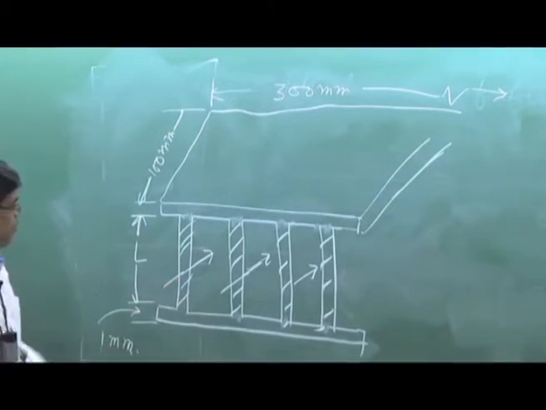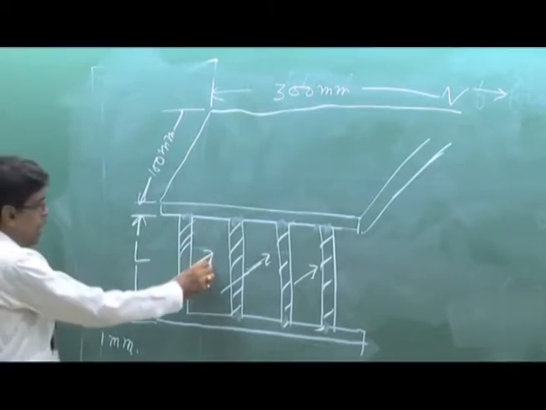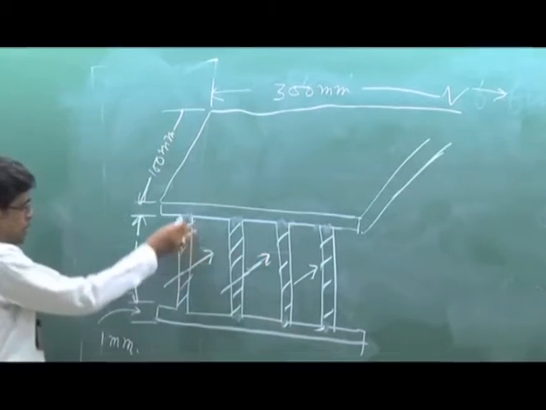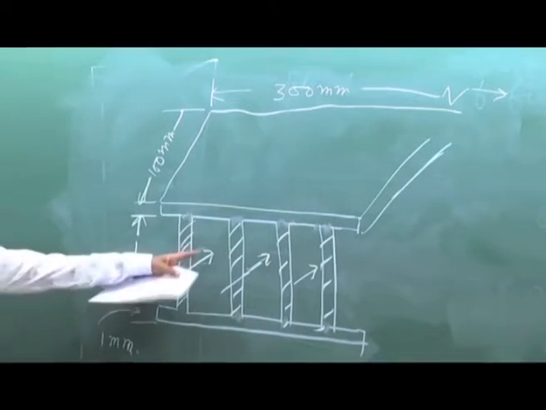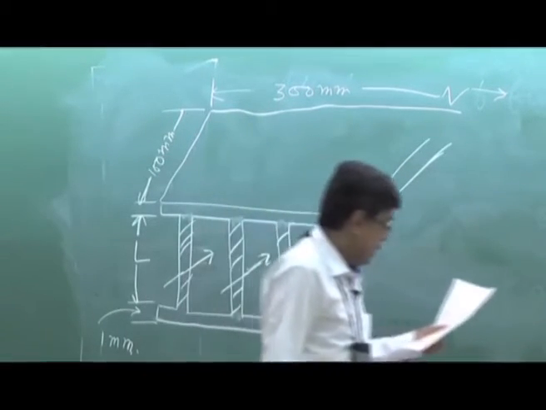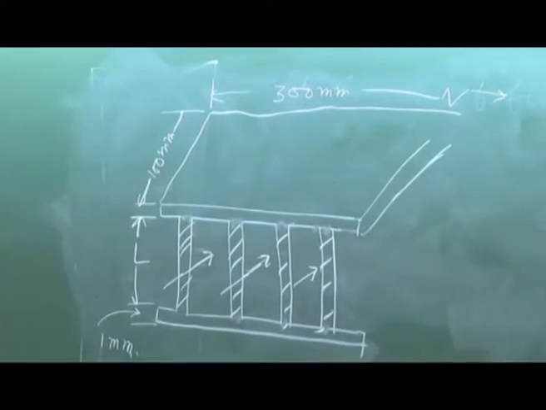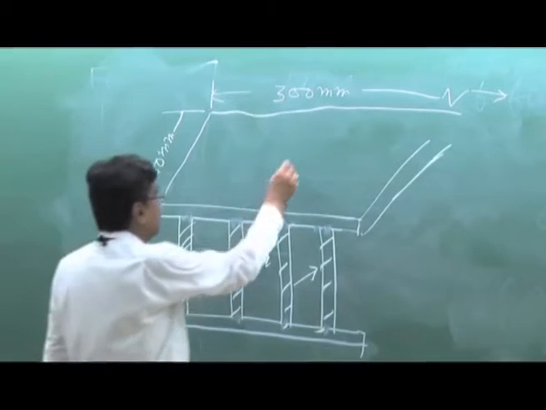Number of fins 60, fin length L. And this is air flowing through this, which gives the convective heat transfer coefficient, which takes the heat from the lateral surface of the fin. This is the problem. Now let me first write this thing. This is the plate.